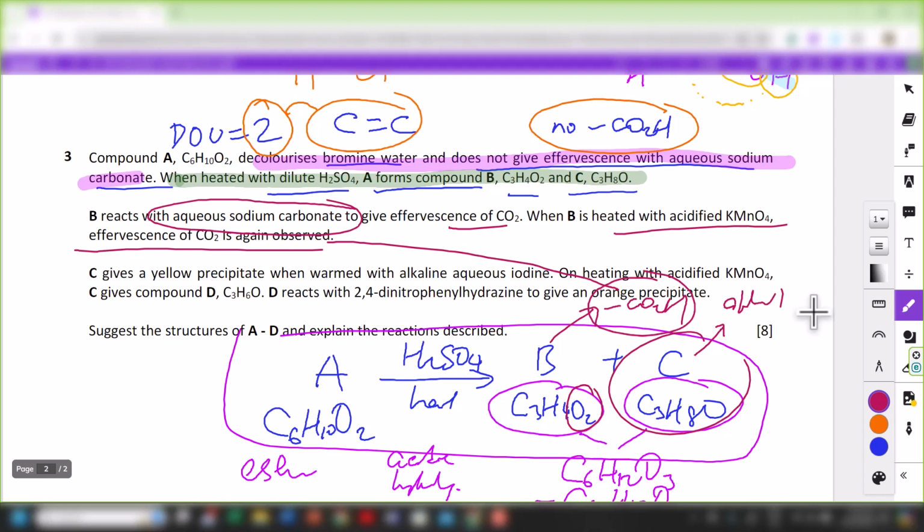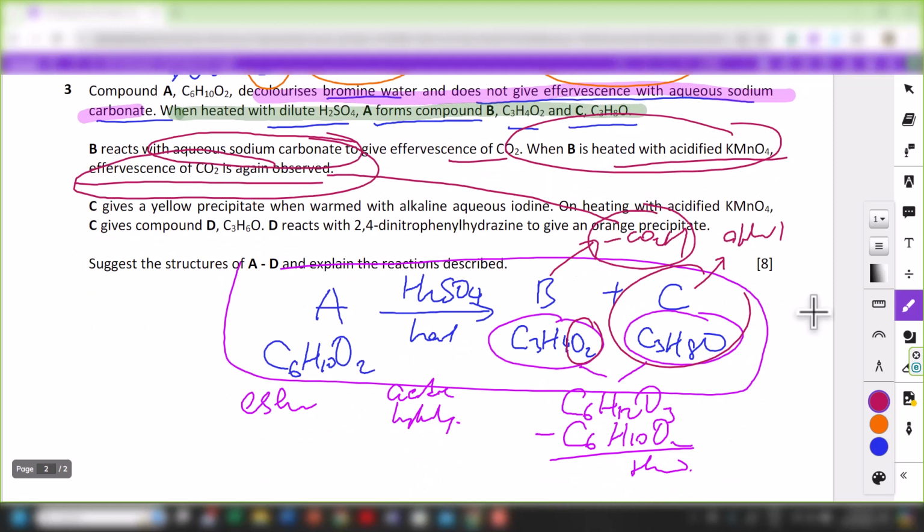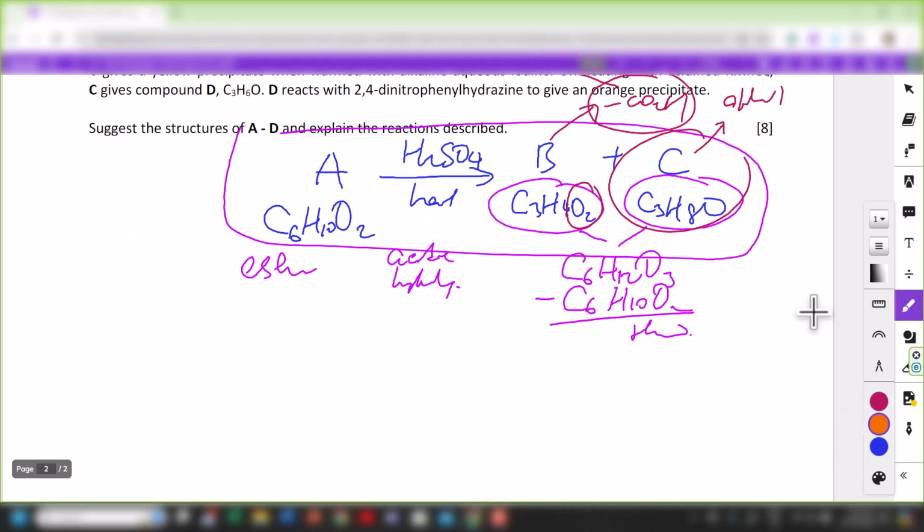Why? There are 2 reasons. Number 1 is based on this clue: effervescence of CO2 is observed. Another reason is if you try to draw B, you can't draw anything except a terminal alkene. A carboxylic acid must be right at the end. So I draw a carboxylic acid, and next to it must be a carbon. If I draw out another C=C double bond, you notice that this is indeed a terminal alkene.